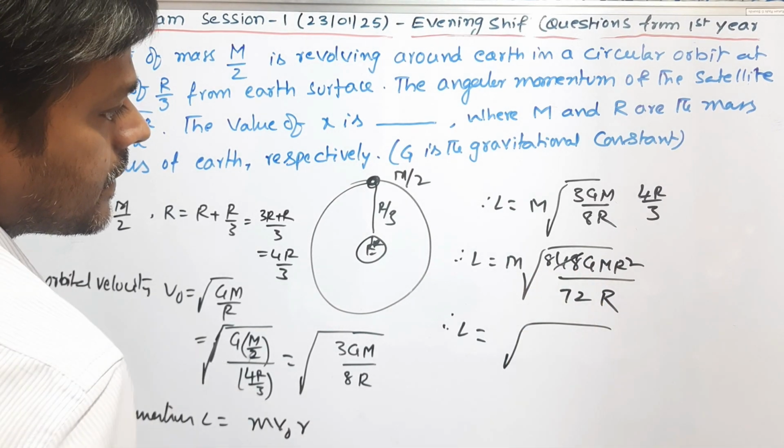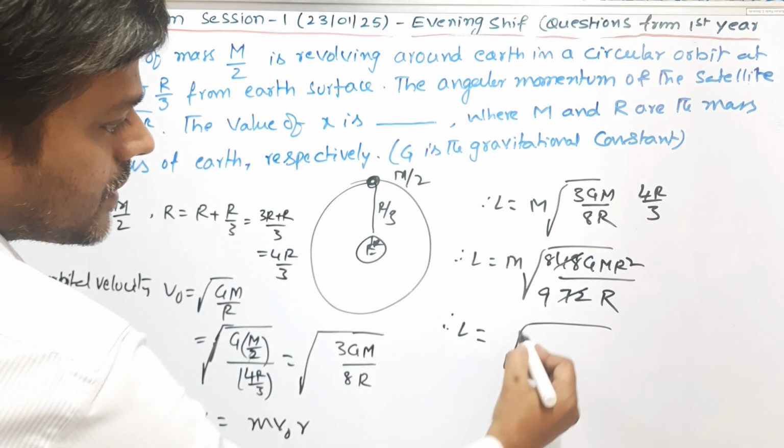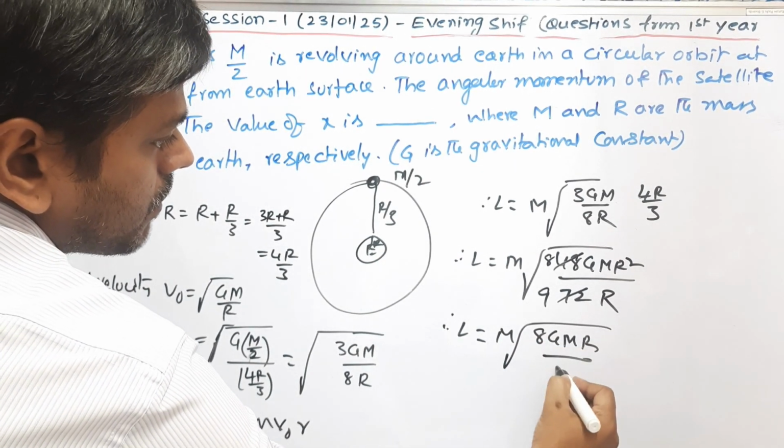Therefore L is equal to m into root over 8 G M R by 9.